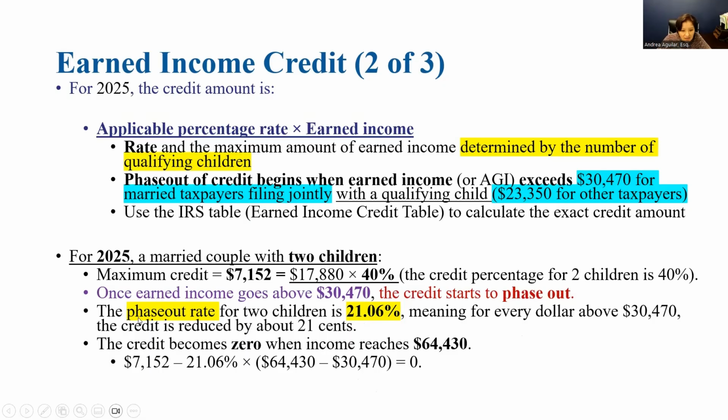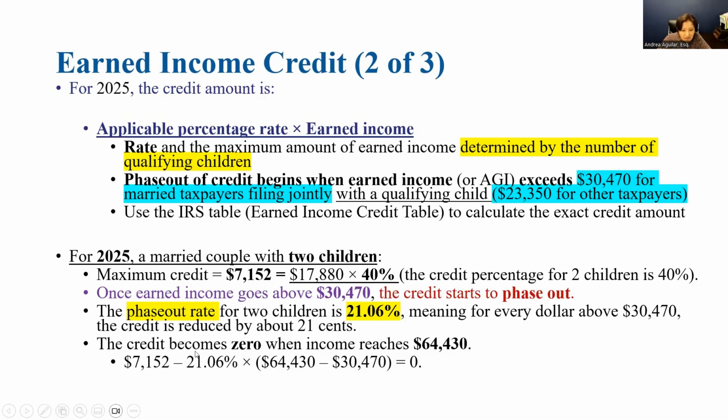In this case, for example, the phase out rate for a married couple with two children would be 21.06%, meaning for every dollar above $30,470, the credit is reduced by about 21 cents.